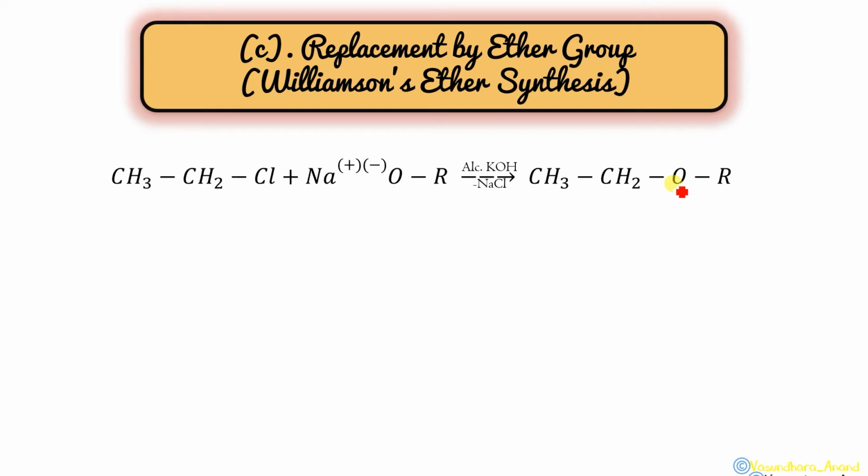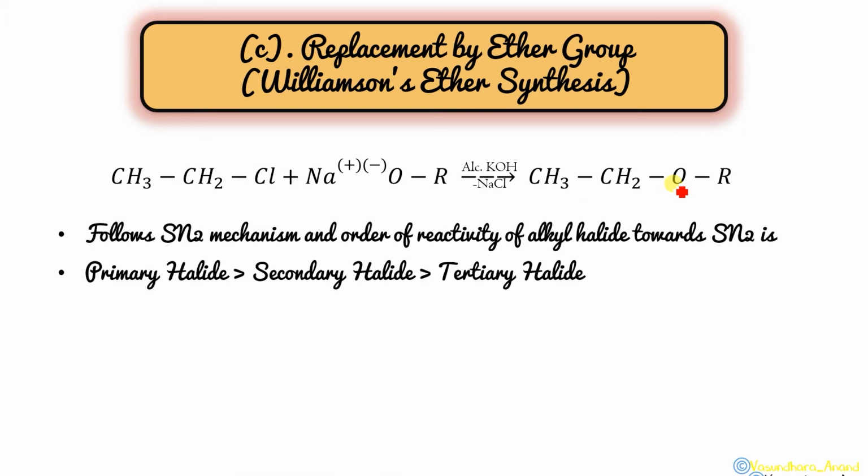The very important thing to keep in mind is that to form the ether, this alkyl halide must be primary or at most secondary, it cannot be tertiary. If it is tertiary, it will act as a strong base over there, and instead of giving the ether, it will give the alkene product. This is considered the limitation of Williamson synthesis.